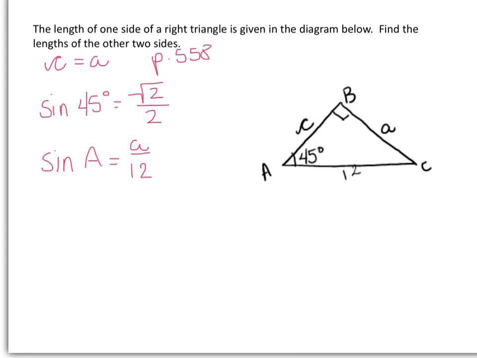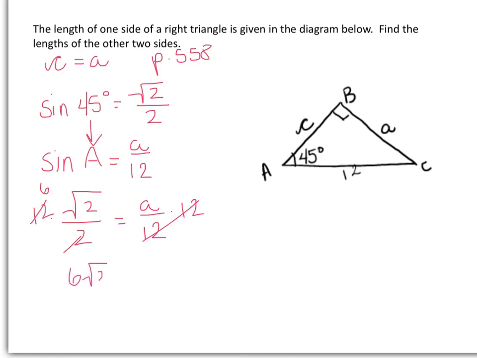And with the sine of A being 45, I can replace square root of 2 over 2 with A over 12. And I can solve for A by multiplying by 12 on both sides. These cancel. That becomes a 6. So A and C are both equal to 6 times the square root of 2.